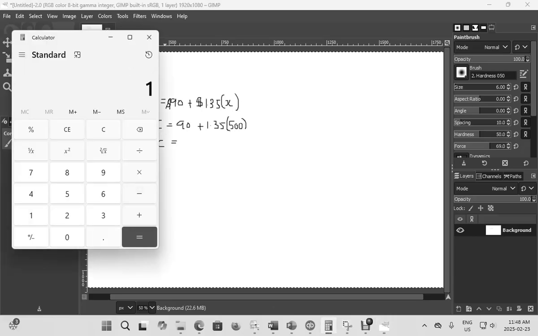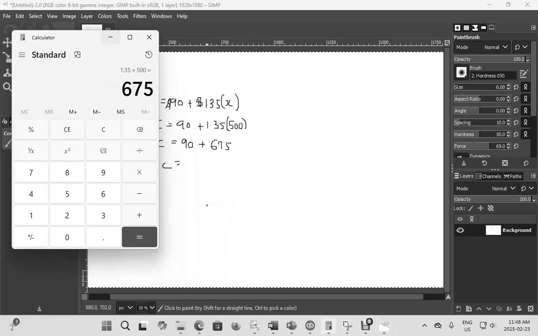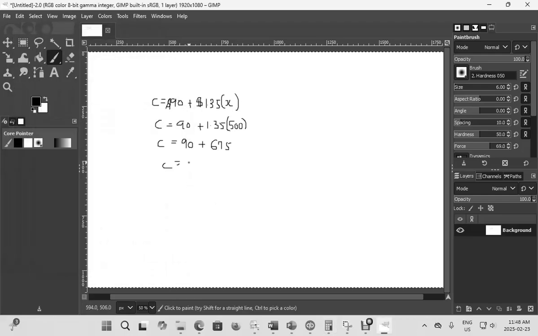Doing the math, 1.35 times 500 is 675. So 90 plus 675, C equals 765. This will be your cost price, $765.